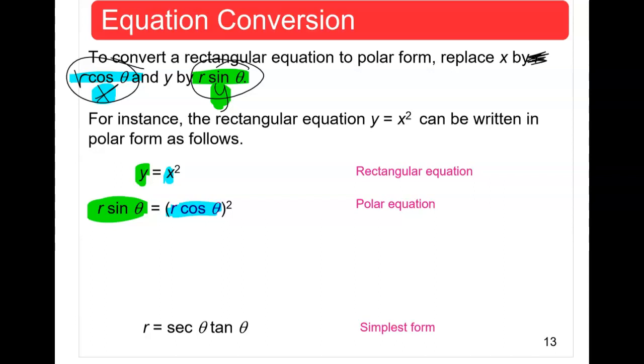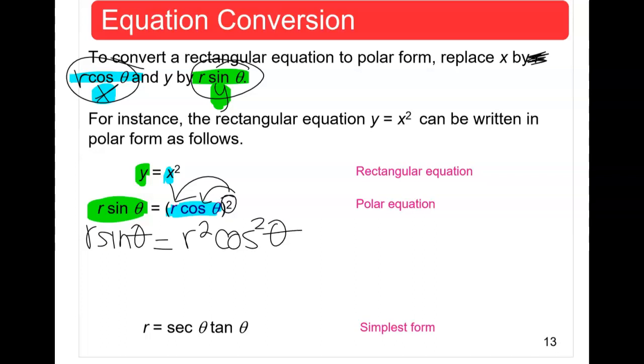So from here, just to simplify it, we will go ahead and expand, or distribute, I should say, the exponent that we have here. So it goes to r, but it also goes to cosine. So we have r squared cosine squared theta.